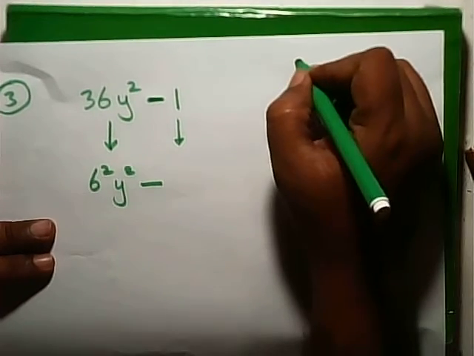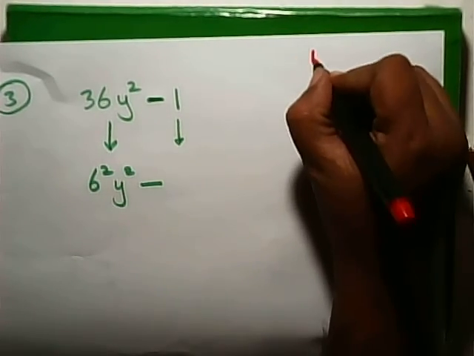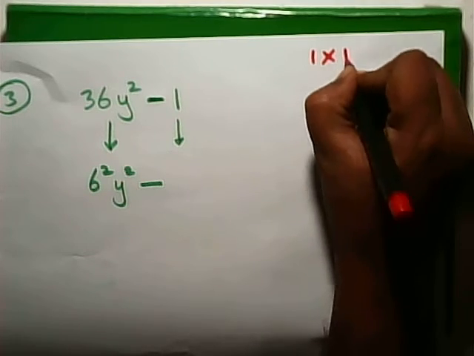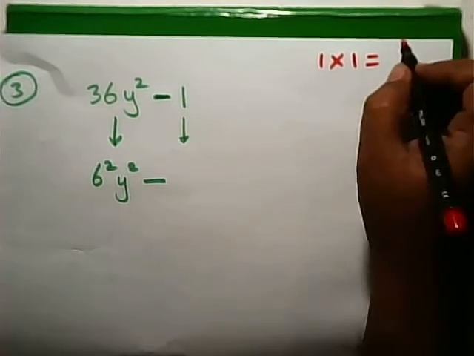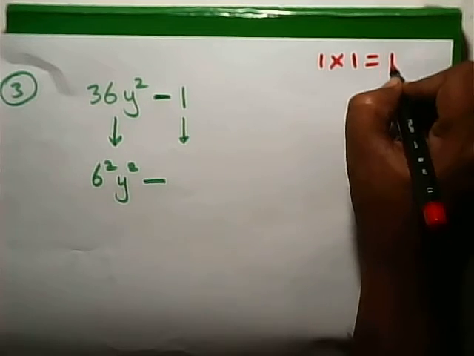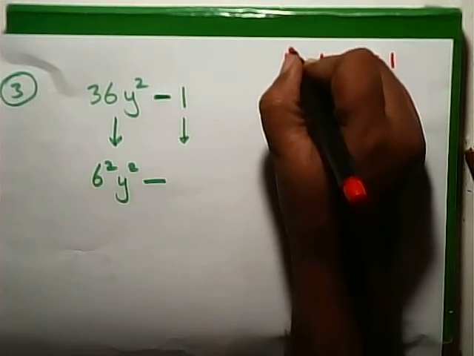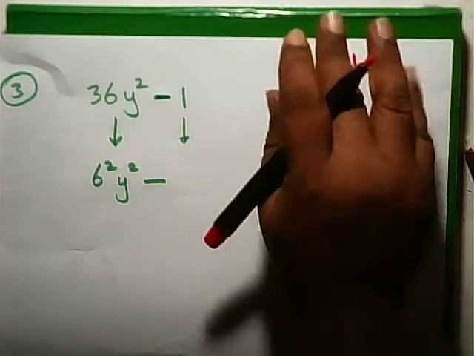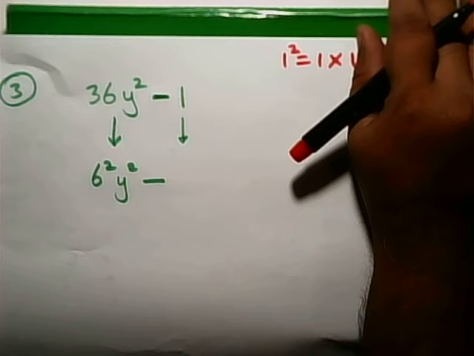Alright, so here's a little question. I'm going to write it in a different color. How much is 1 times 1 equal to? 1 times 1 is equal to 1. And what is 1 squared equal to? 1 squared is equal to 1 times 1.